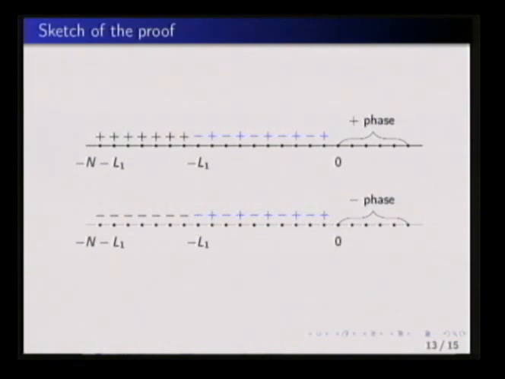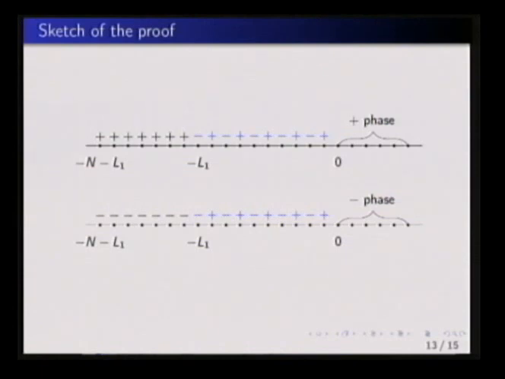The same thing happens when we freeze by a plus interval here. In that case, the origin has plus phase. So note the following. If you take L1 large enough in both cases, and take n, of course, very large, we have two sequences here that converge to the alternate configuration. But for one sequence, the origin has plus phase, and for the other sequence, the origin has minus phase.